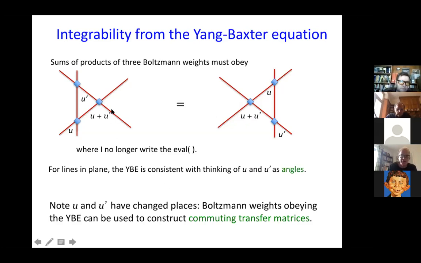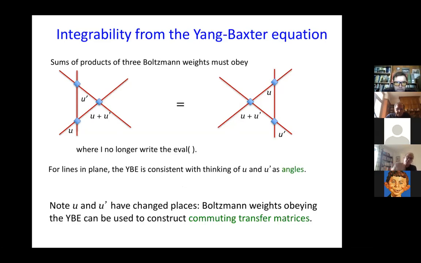Let me say for 2 seconds why this is interesting: you notice in this equation, u and u prime have changed places on the 2 sides. The genius of Baxter in figuring this out is that this can be used to make commuting transfer matrices, and that's one of the signs that models are integrable.